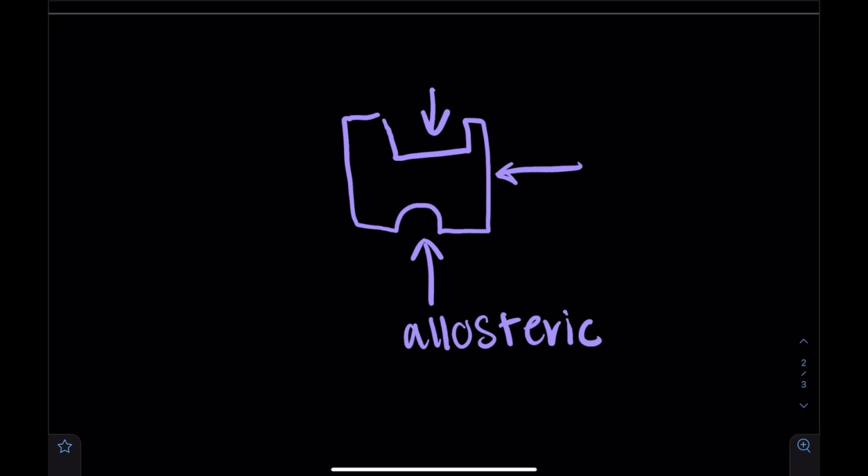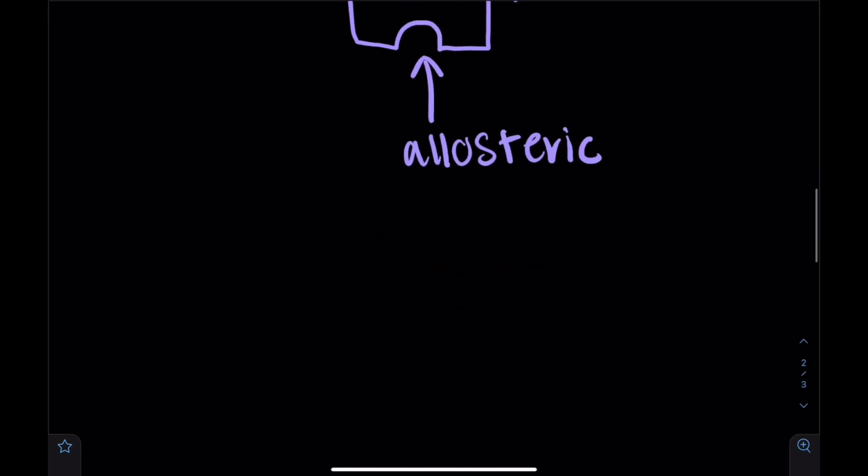So this can either be inhibitory or it can activate the enzyme. So let me further explain. Let's first start off with inhibition. So I'll go ahead and draw out an enzyme.